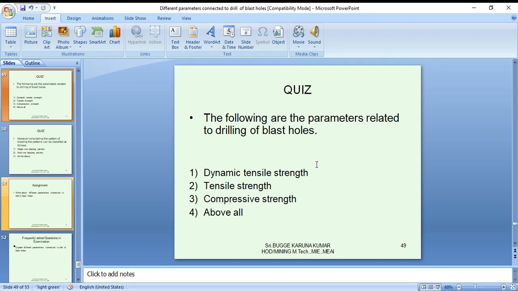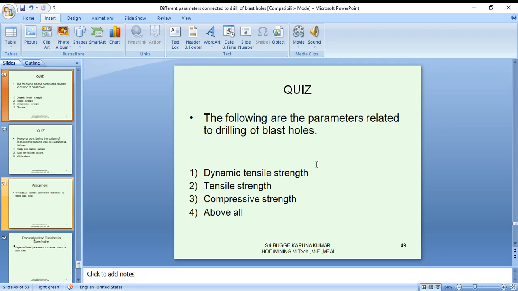The following are the parameters related to the drilling of blast holes: what is meant by dynamic tensile strength, compressive strength.